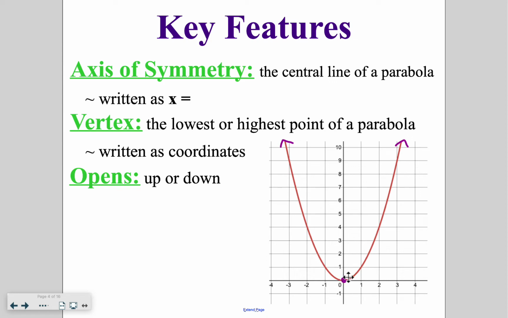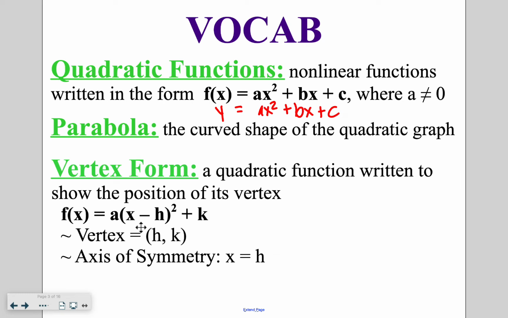It is its lowest point on the graph. When it is written in vertex form, you can pull the vertex out of the equation with the h value, comma, the k value. So it's taking that point out of the equation. It's written in a specific format to show you exactly where that highest or lowest point is.